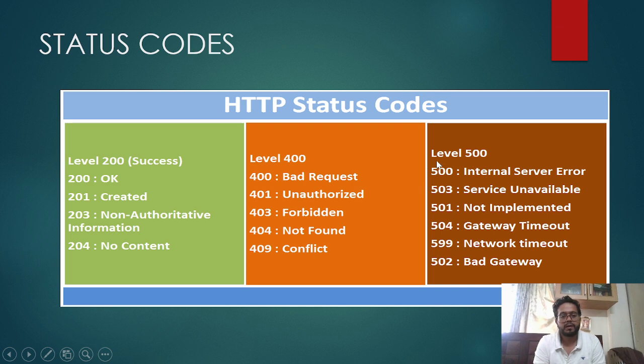So there are levels like 200, 400 and 500 level. 500 is internal server error, 503 is service unavailable, 501 is not implemented, 504 is gateway timeout, 599 is network timeout, and 502 is bad gateway.